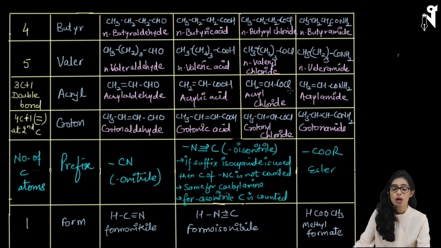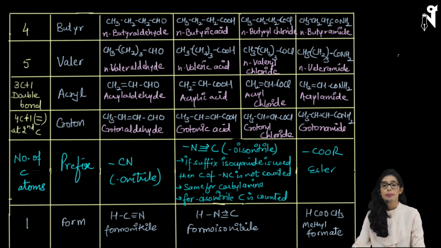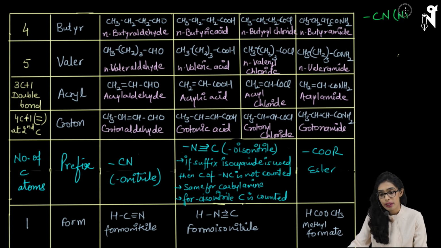Okay, so next let's talk about another type of common names for other type of groups. What are 3 groups we are going to deal with? One, we are going to deal with CN, which is called nitrile group in general. Okay, and the suffix we use for the common name is o-nitrile.